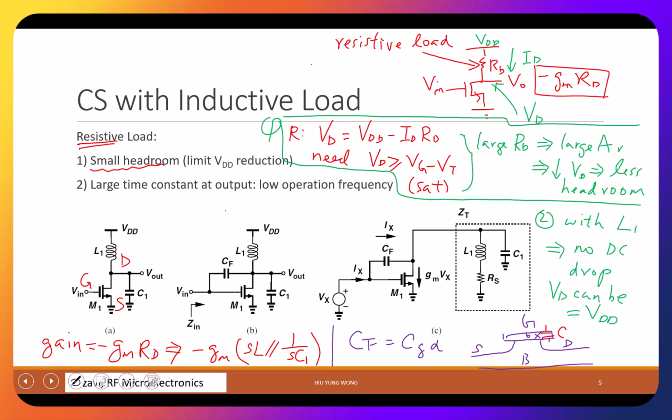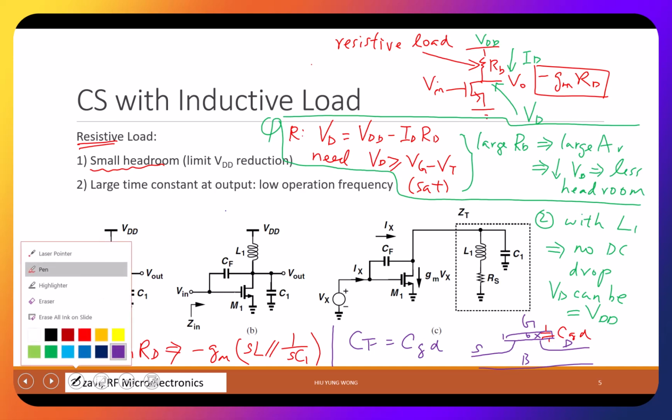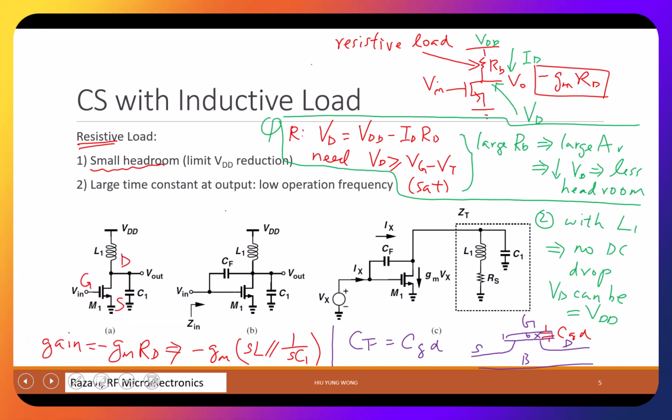This is CGD. Do you see this? Anyway, if you have two terminals, you must have a capacitor. The matter is just whether it's large or small. From this drawing, you see that they have some overlap. The drain has a lot of electrons, the gate is a conductor, and they are separated by the oxide. This is CGD.